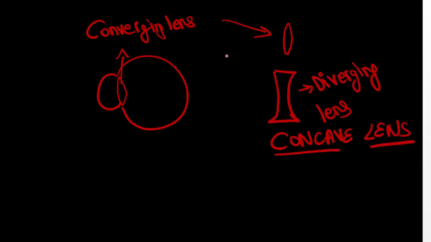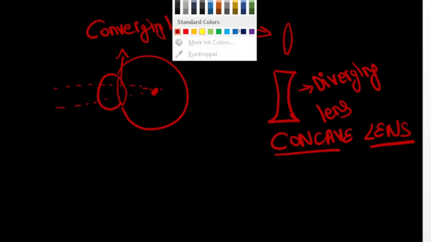Okay, तो इमेज फॉर्म हो रही है बिफोर रेटिना, राइट. Image is formed something like this. Image यहाँ पे form हो रही है. I have to do something so that image is formed on retina, before ना हो.